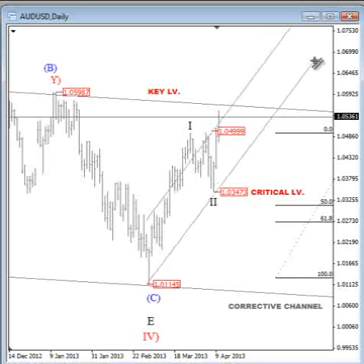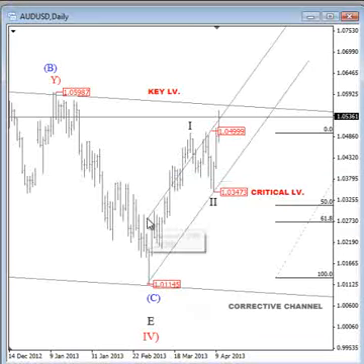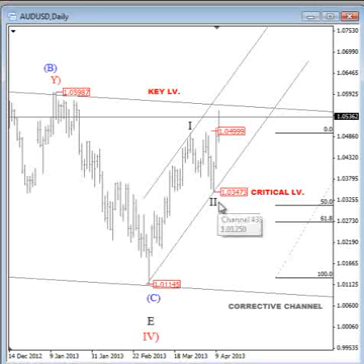The next thing that I will keep a very close eye on in this pair here is of course this base channel. Base channel is a channel where you connect the start of wave 1 and the low of wave 2, then you put a parallel line on the top of this wave 1, okay, and when you see prices breaking sharply above this upper trend line of this base channel, then this is usually a confirmation that volume and momentum are increasing, which typically occurs in wave 3.